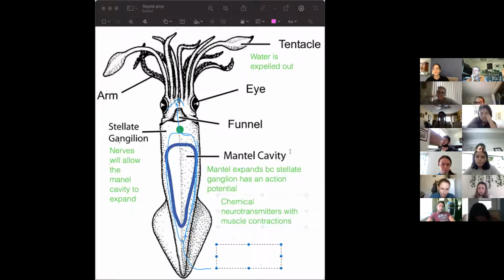Is it possible that there's a neurotransmitter that activates a receptor that can signal the cell to bring in water, I guess? Okay, so maybe there's a receptor which is sensitive to neurotransmitters that sort of bring in water. Now we're getting some good logic. I like this. And what else might you expect with a different receptor?